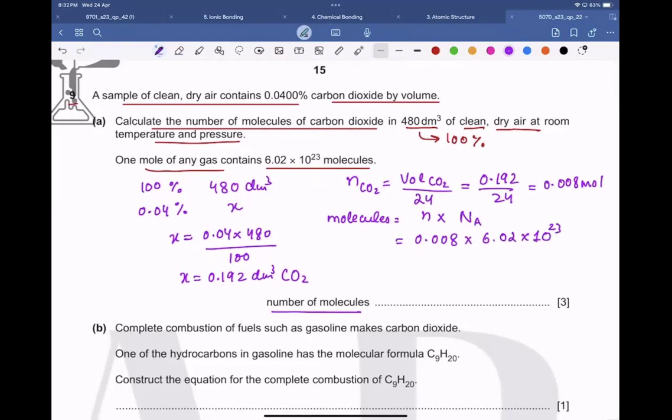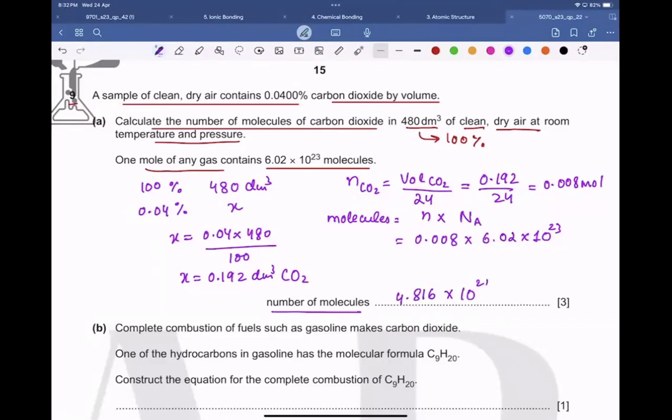Yes, Rahim, what do you mean? Okay. So it is 4.816 exponent 21. Okay, let me check, Rahim.